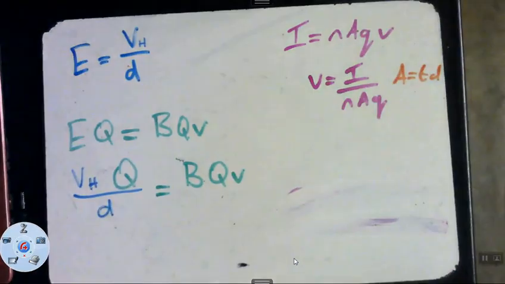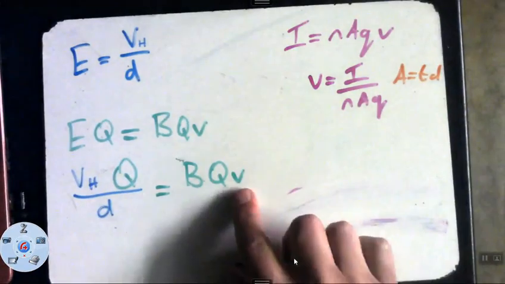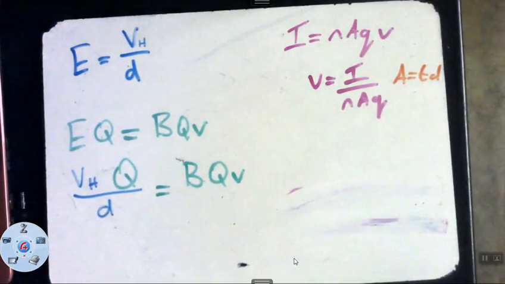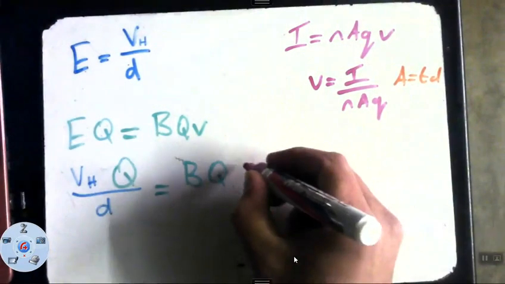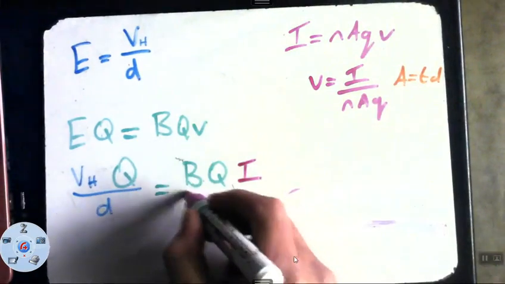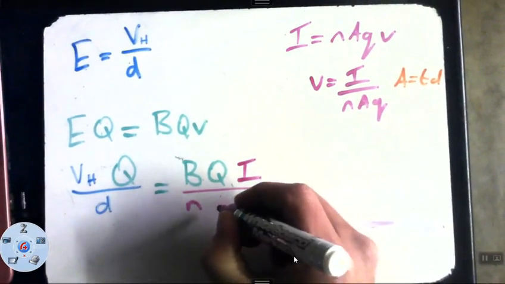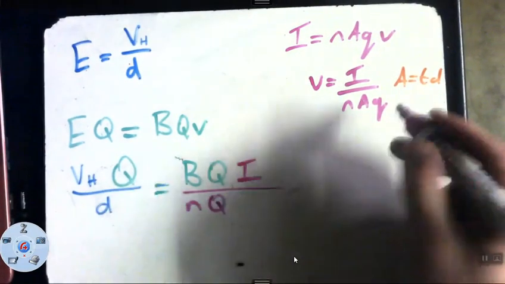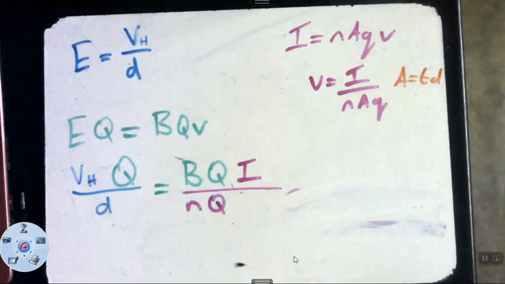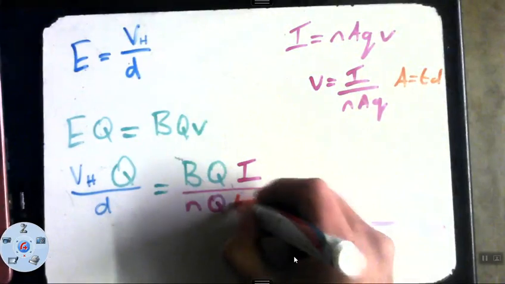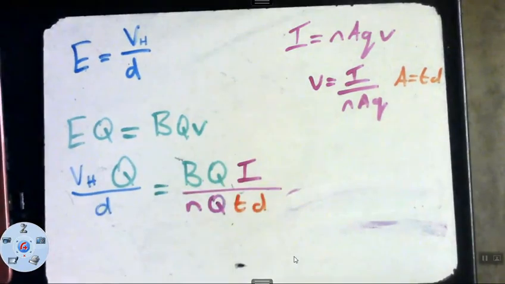So we substitute that in there, and we end up with the following formula. In the space of the v, we now write our I over our n, our Q, and our thickness and the distance there.